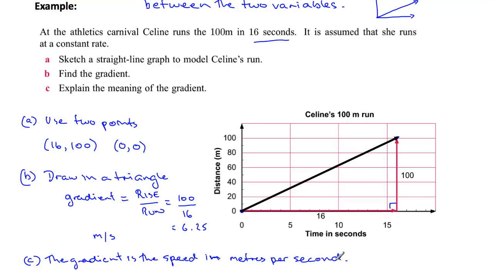That gives us a little bit of the meaning. The other thing that we can write down is that her average speed is 6.25 metres per second. So that gives an overall view of how we can use a straight line in a very practical situation.